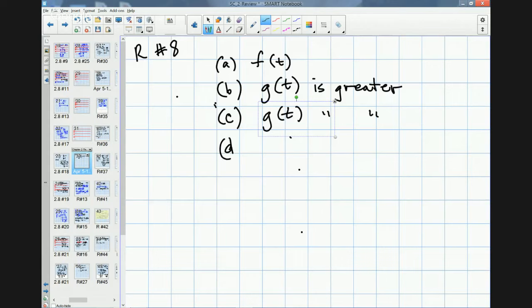D, which rafter finishes the trip first? So the finish line is that red horizontal dashed line. Remember, distance is the vertical coordinate in this graph, right? If you look off to the left, you see how it says distance there? And evidently it looks like T10 is the end of the trip.